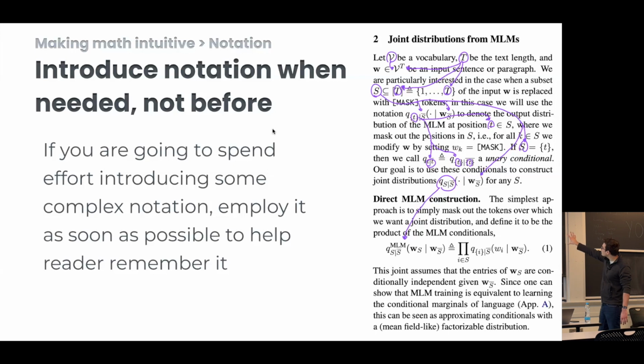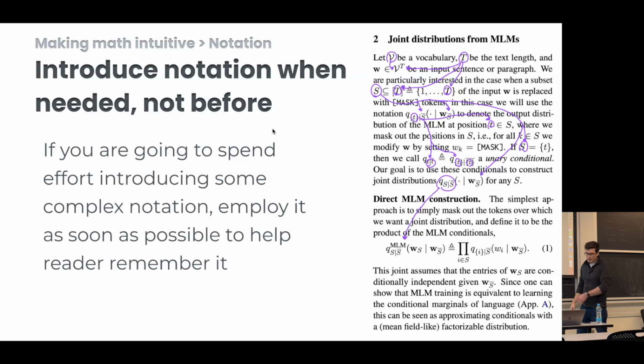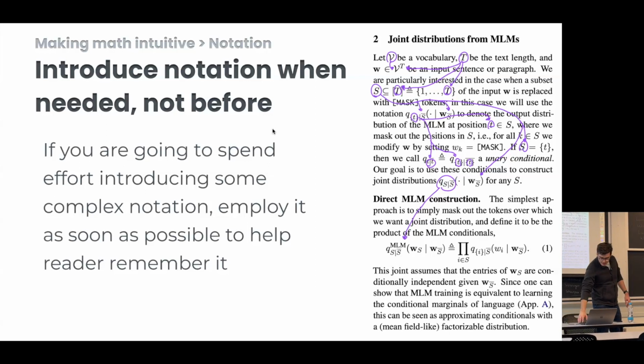And I remember we struggled with where to introduce that. It just happened that there was no ideal place for it, and the best place ended up being here. But anyway, the point being, introducing notation when it's needed and not beforehand can be a great way of helping a reader understand or keep track of notation and also reduce cognitive load.